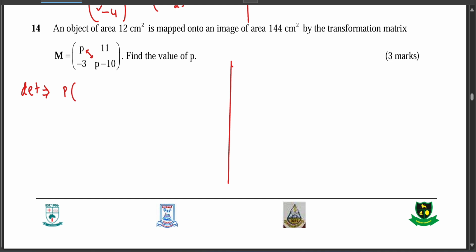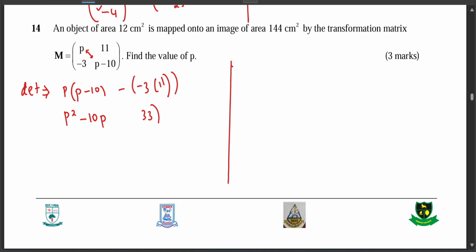So P times P minus 10, then minus -3 times 11. So P squared minus 10P, and this one gives us minus 33. So minus and minus, if you open up the bracket, eventually becomes positive 33. So this is our determinant.